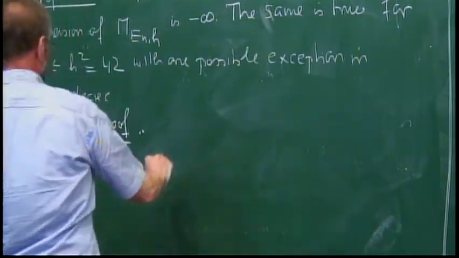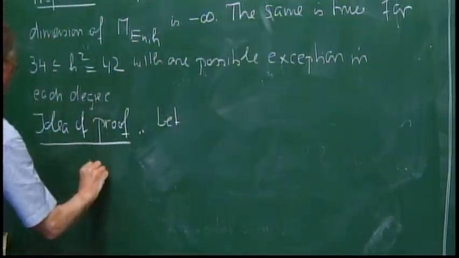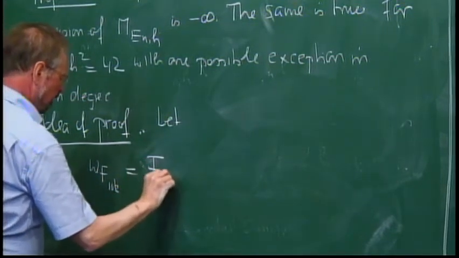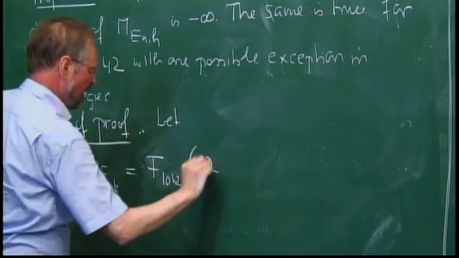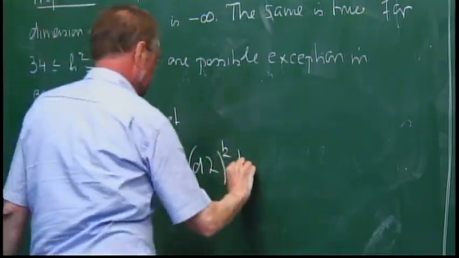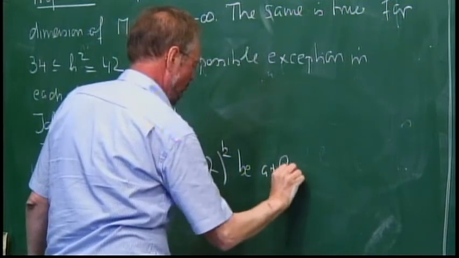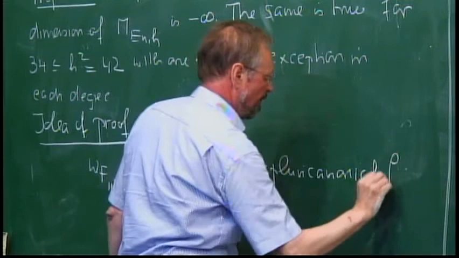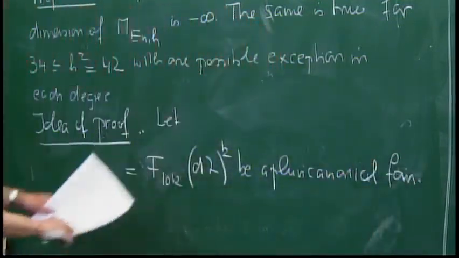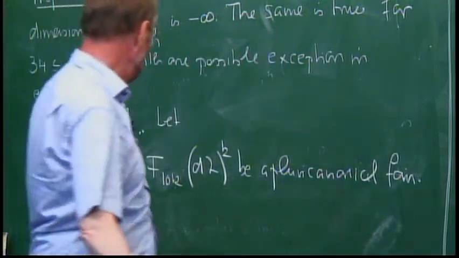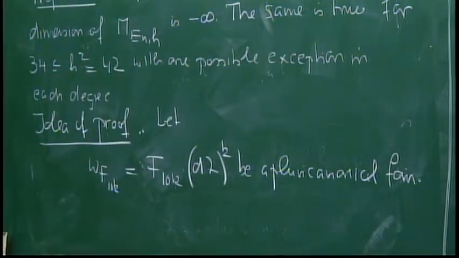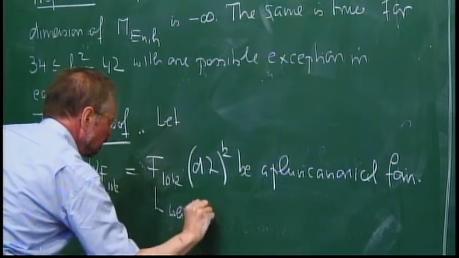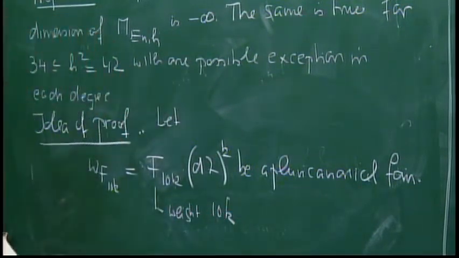So let omega, f_{10k} times dz^k, be a pluricanonical form. I mean, all the pluricanonical forms come from modular forms. So that is a modular form. It should be a cusp form, but it doesn't really matter at this point. A modular form of weight 10k.